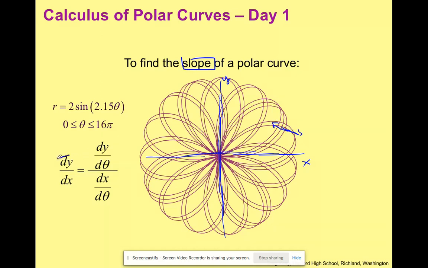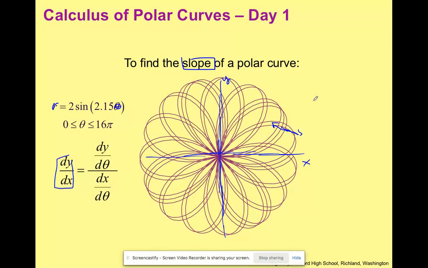That's dy dx. But when I have r, a polar curve, in terms of theta, r prime is just dr d theta, right? So to get dy dx, notice there's no r in here. I just have dy d theta and dx d theta.